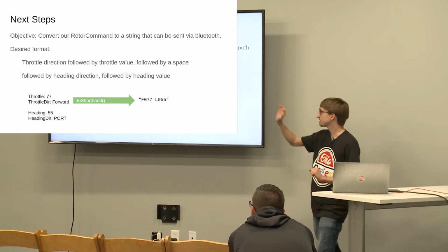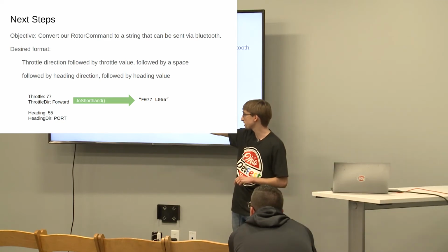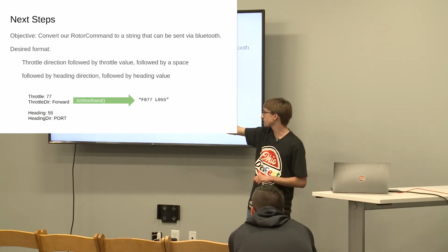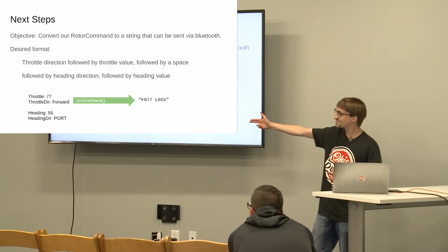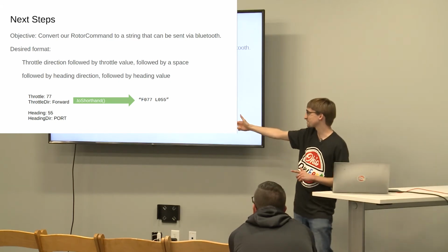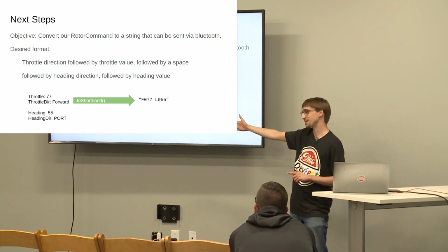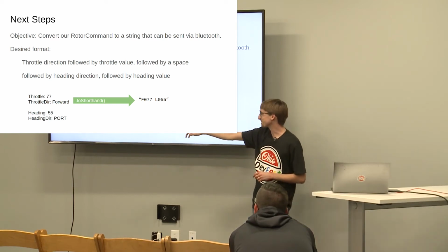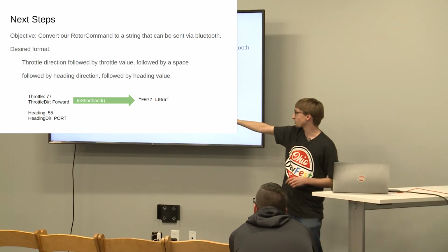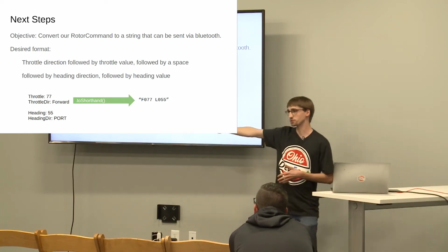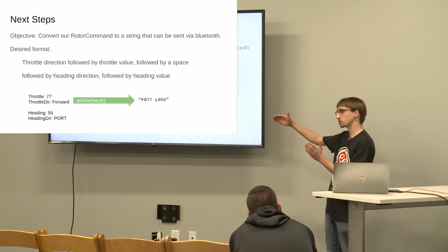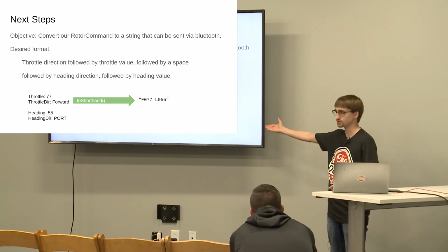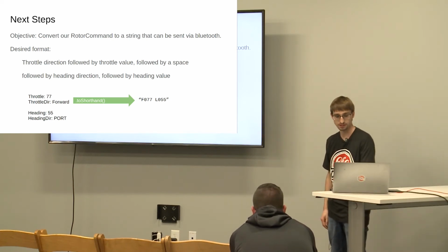So given a particular situation where we have a rotor command with a throttle of 77 going forward and a heading of 55 going to the port side, because I was feeling silly and I wanted to use port instead of left, but at any rate. On our rotor command, we would run toShorthand, and that method would convert it to the following string, F077, et cetera.